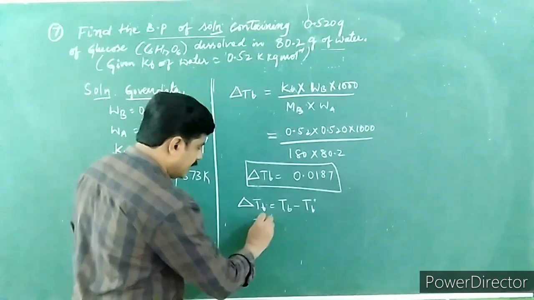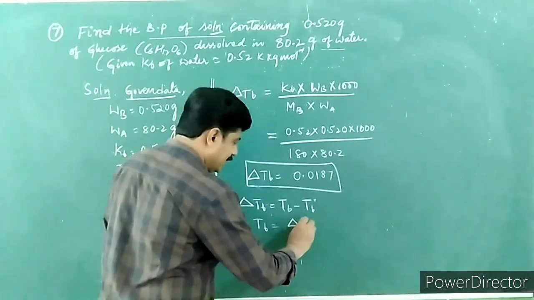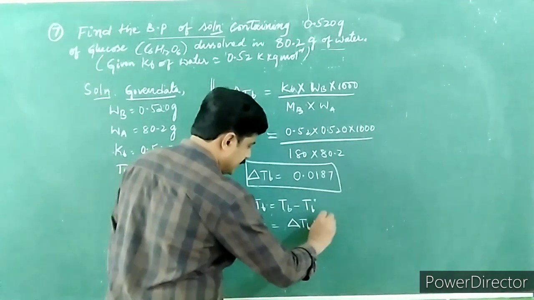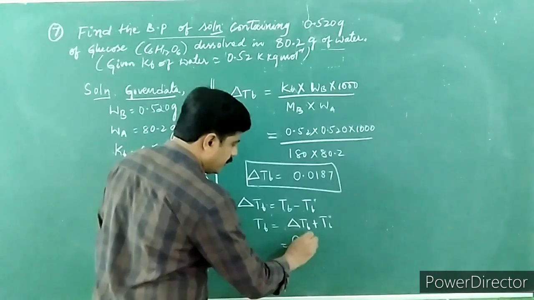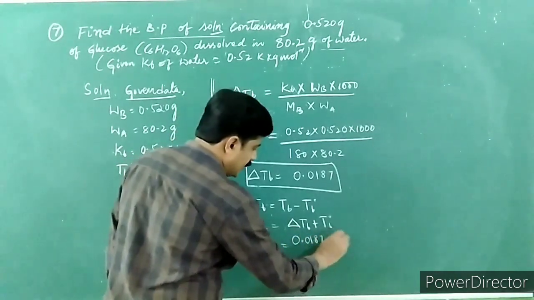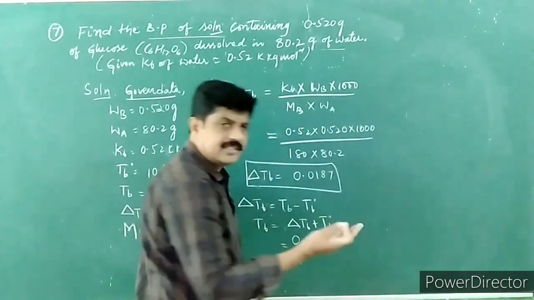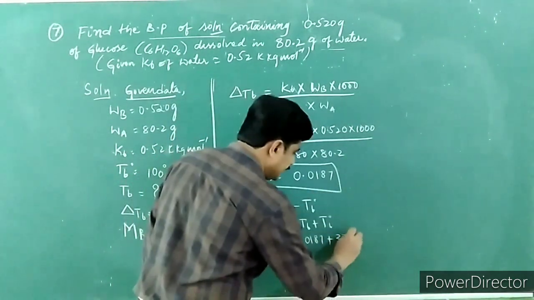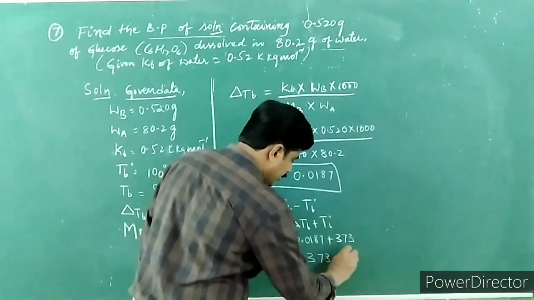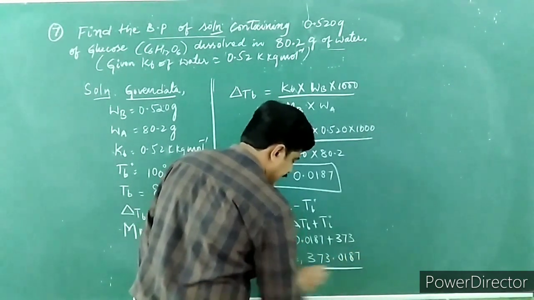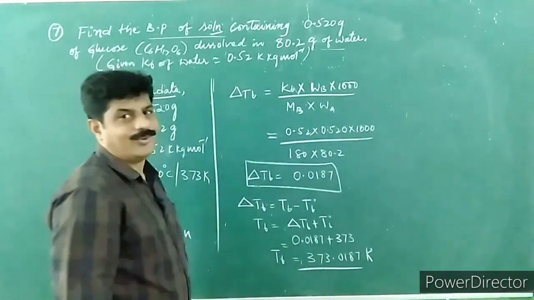Now TB is equal to delta TB plus TB naught. Delta TB is 0.0187 and TB naught is 373 Kelvin. You can write 100 degrees Celsius also, whatever. Okay, I'll write 373 Kelvin. Now you are going to get 373.0187 Kelvin. This is the boiling point of the solution.